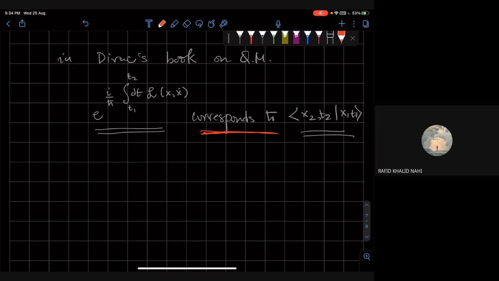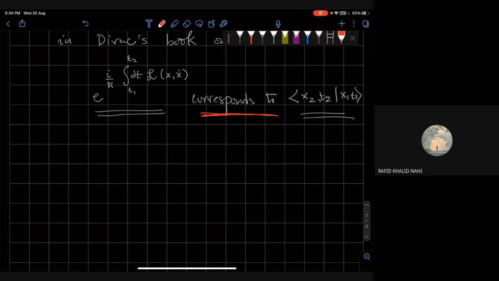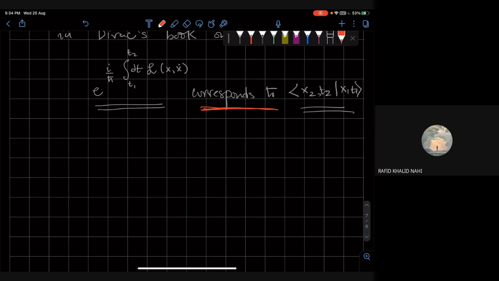So let's do something. Let's use the fact that we can write the identity operator. We can take some time slice t double prime and take the state at that time. This is our decomposition of identity in the Heisenberg picture.